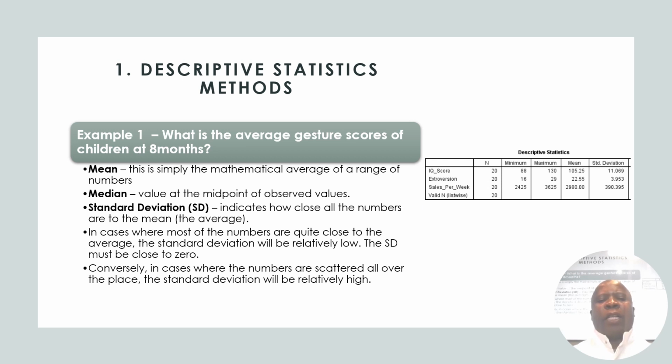But if they are scattered everywhere, it shows us that the individual scores are very far away from the average, which is a problem, because it might show us that your data have failed to meet the normality test. So we might want you to go and collect more data so that you've got enough participants, or we might ask you to use the non-parametric statistical model in analyzing your data.